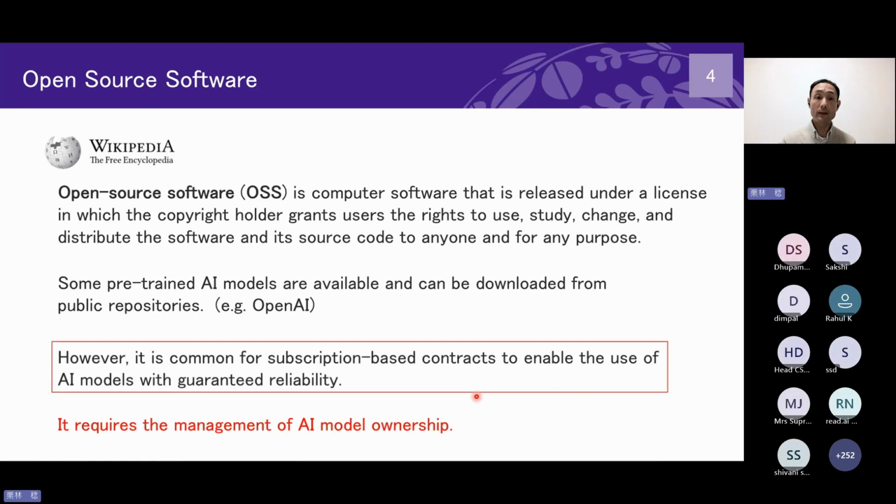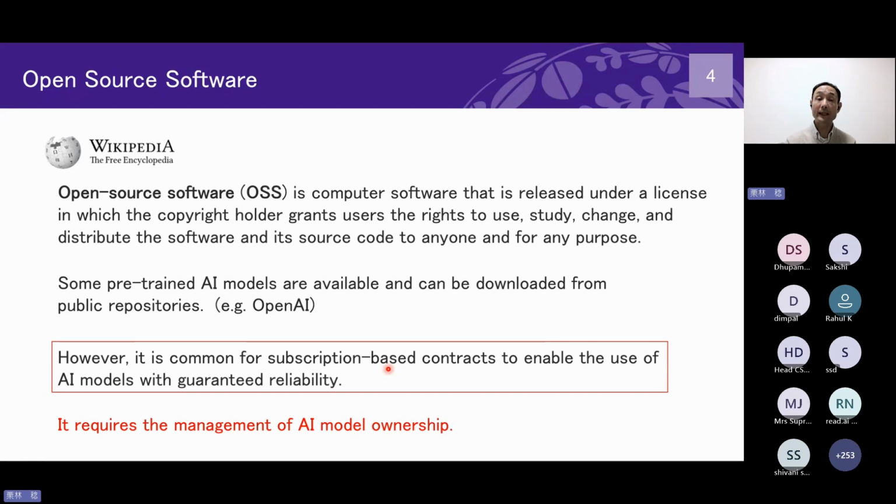But even if open source software is a very active trend in the world, there are also other trends like subscription-based contracts. If you want to use the services as an online or cloud server, you need to pay money to use those models.